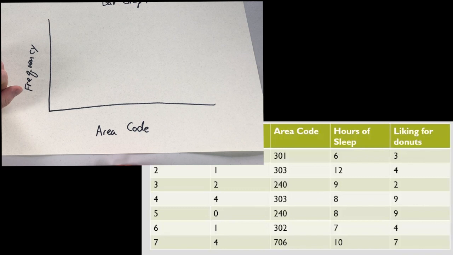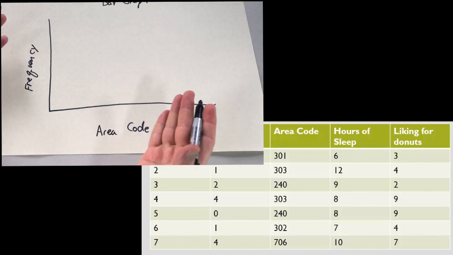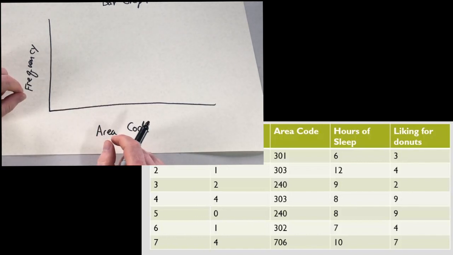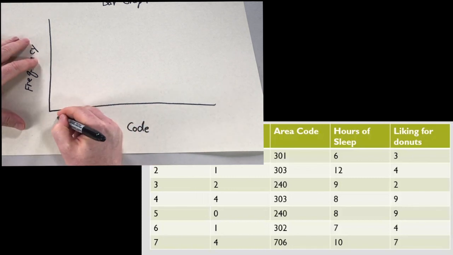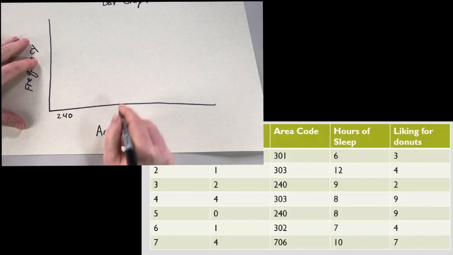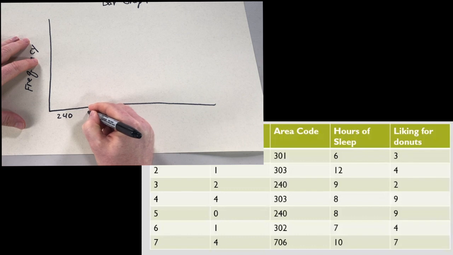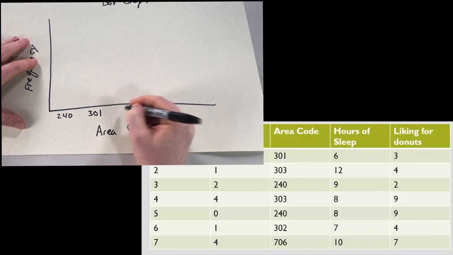Do I have to have 240 before 301? I don't, because it's a category. It doesn't matter what order it goes in. I'm going to do it in order just because it seems like the right thing to do, but it doesn't matter if 240 comes before 301 or 302 or whatever else.